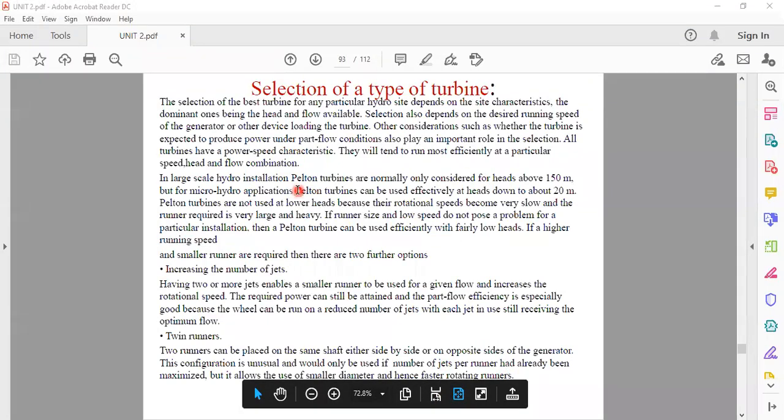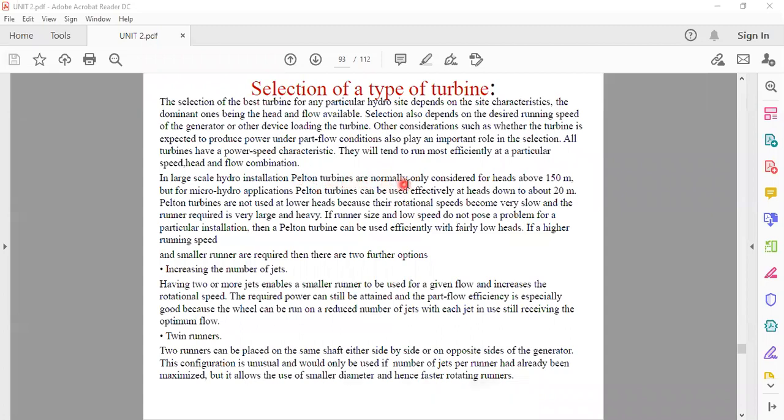In large-scale hydro installations, Pelton turbines are normally only considered for head above 150 meter, but for micro hydro applications, Pelton turbines can be used effectively at head down to about 20 meter.